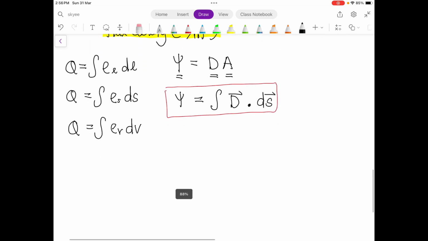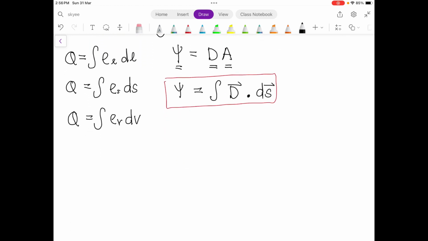So now let's imagine this thing. We look at this first. D is a vector, and dS is also a vector, so it is a dot product between two vectors. We learned these dot product operations last semester in multivariable calculus. Let's refresh.